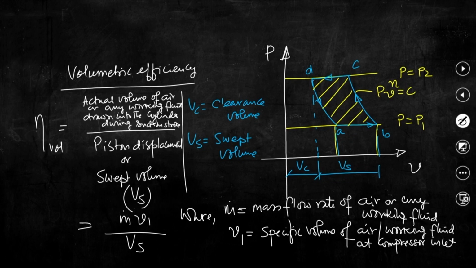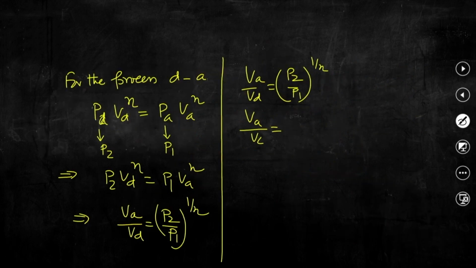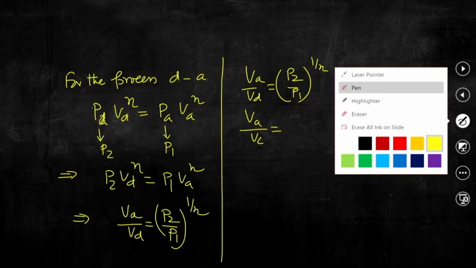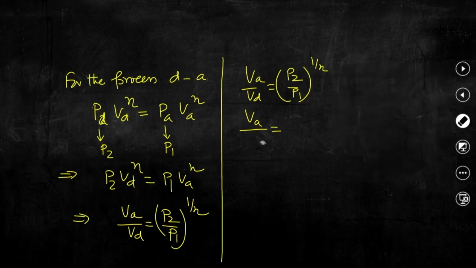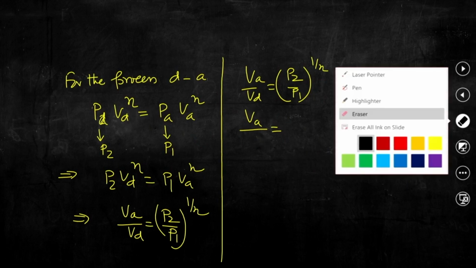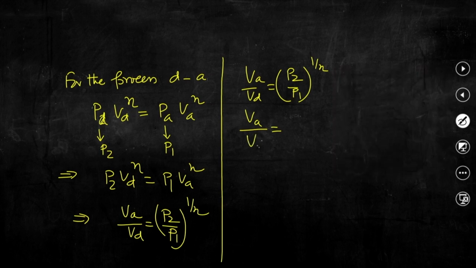So, we can write here that Va by Vs equal to Vd by Vs P2 by P1 power 1 upon n.